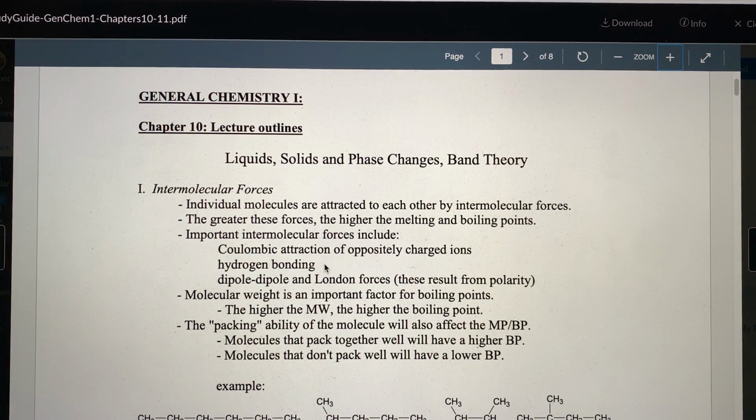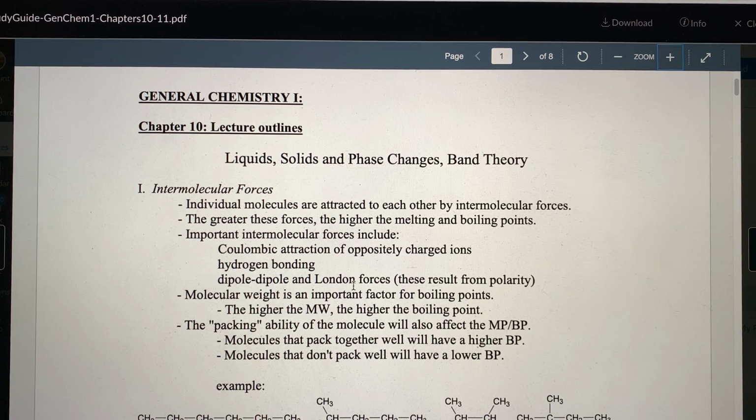Even though it says bonding, it's actually a force, and it's so strong that we call it hydrogen bonding. The last two that are important are dipole-dipole and the London force, also known as dispersion.